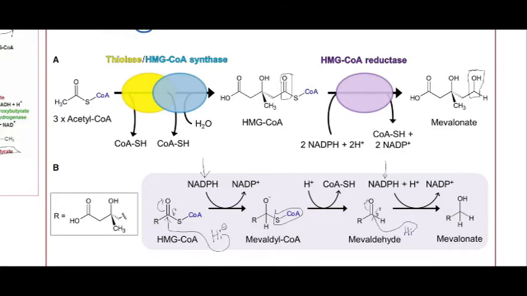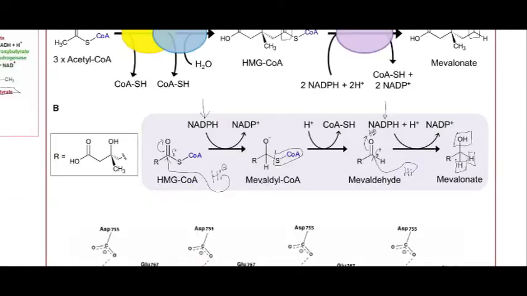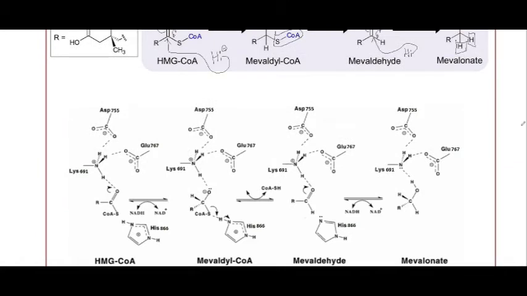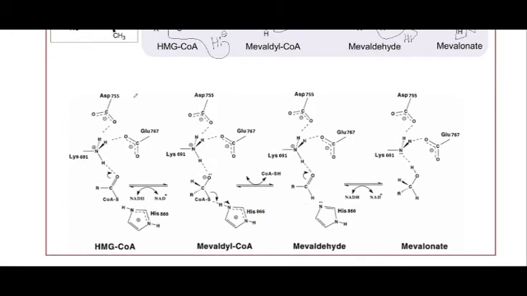The electrons will go up, grab some hydrogen cation, and we end up generating this hydroxyl group, while these 2 hydrogens here were added as hydrides from the NADPH. And so down here we can actually see that reaction in a little more detail, or at least the active site of the reaction.